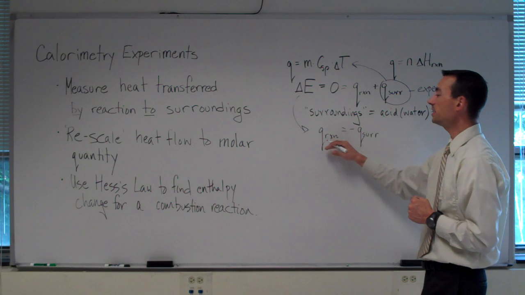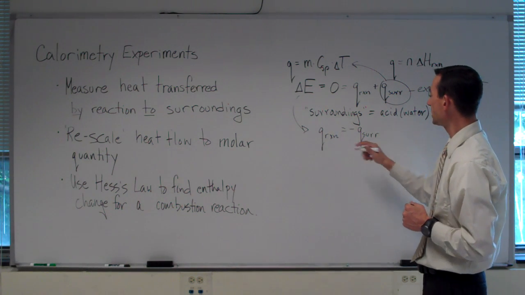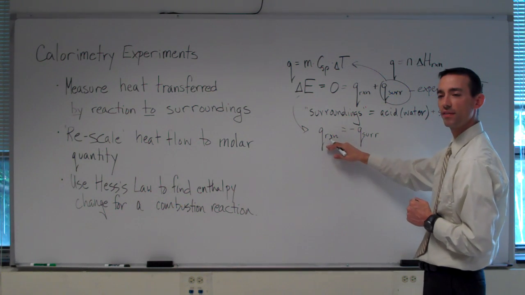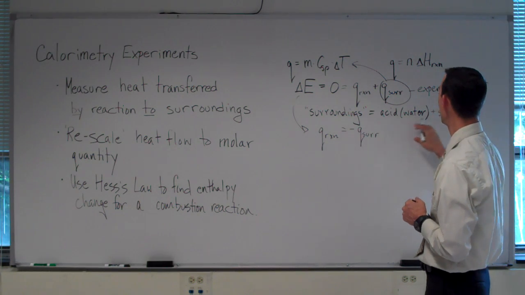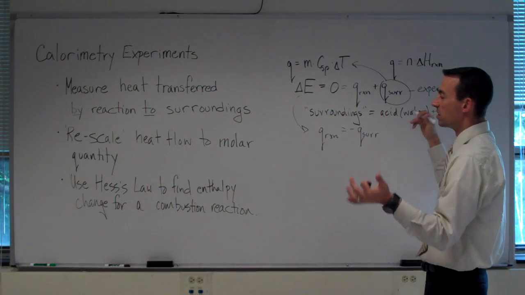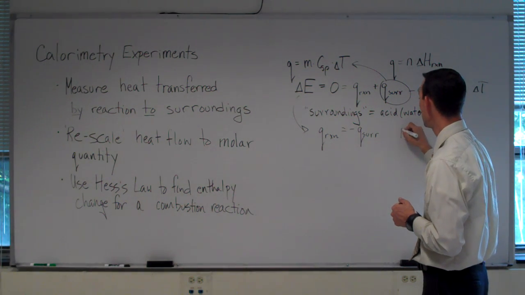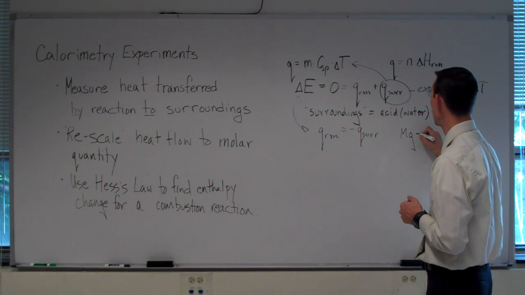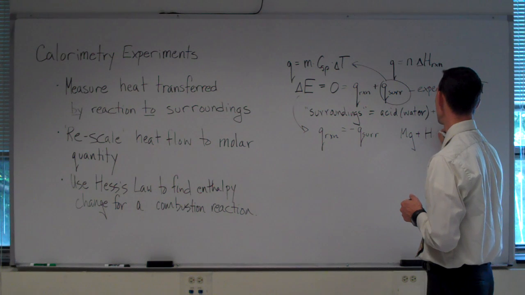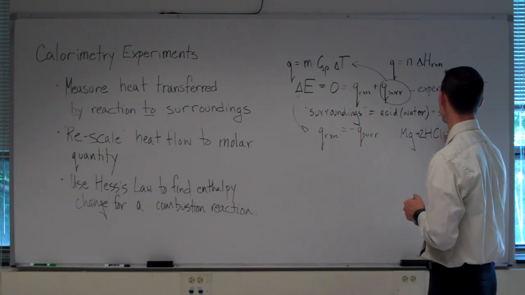Now this heat, the quantity of heat in this case, is associated with a very small amount of the solid. The first reaction that you'll do, for example, will be, I believe, magnesium metal plus hydrochloric acid, HCl.